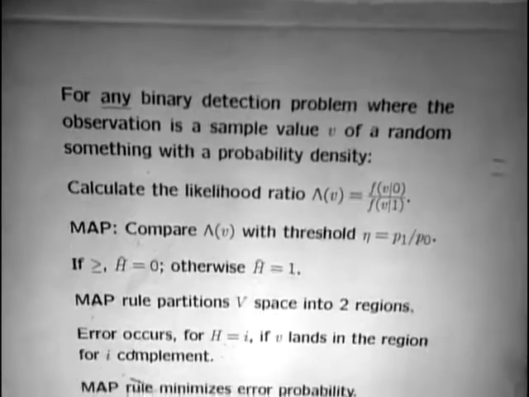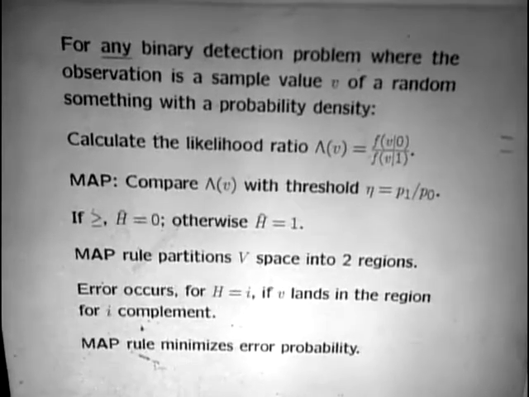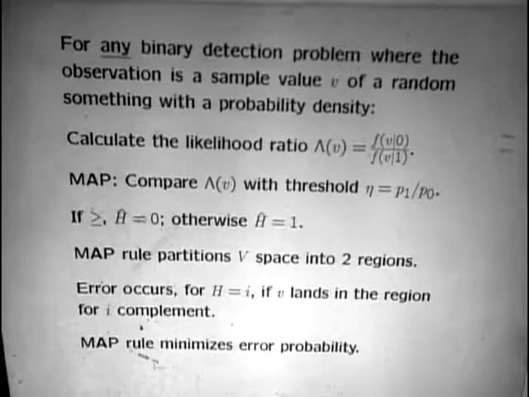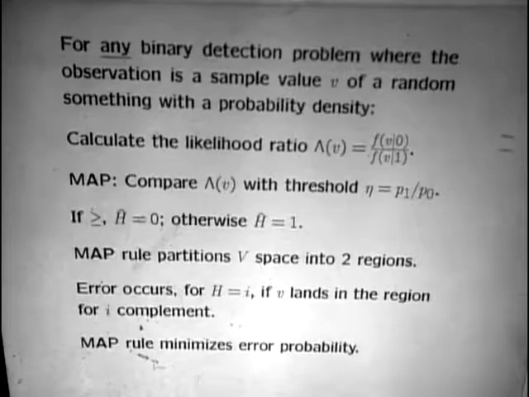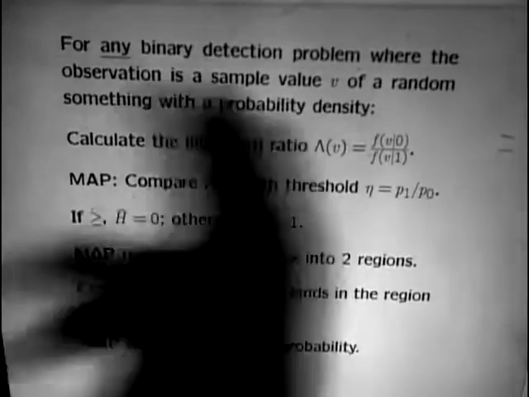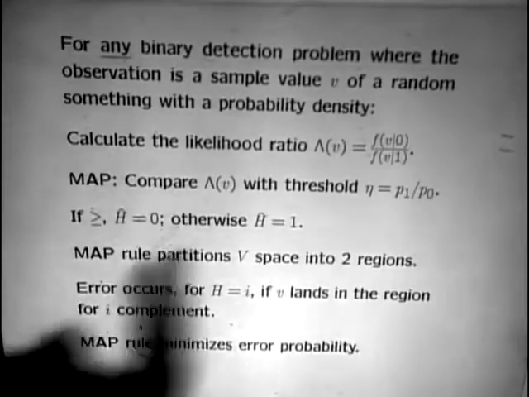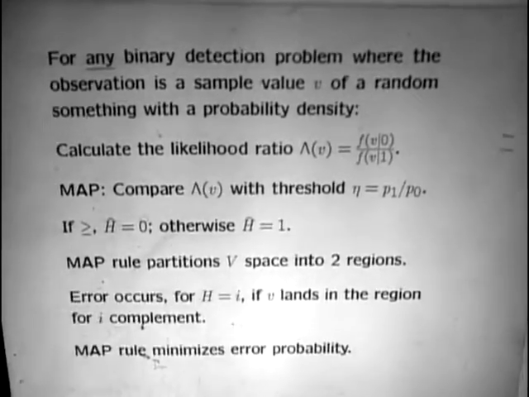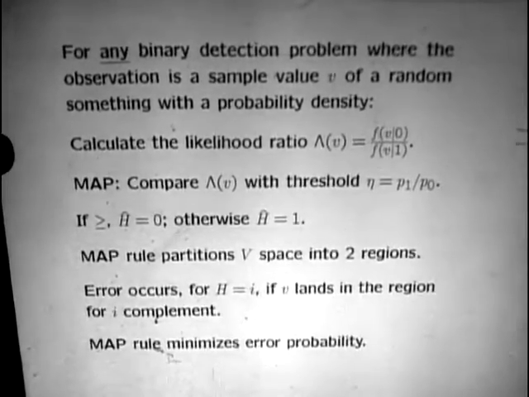Summarized here, for any binary detection problem where the observation is a sample value of a random something, namely a random vector, a random process, a random variable, a complex anything, anything whatsoever, so long as you can assign a probability density to it, you calculate the likelihood ratio, which is this ratio here.